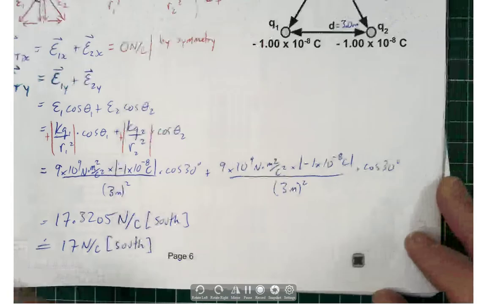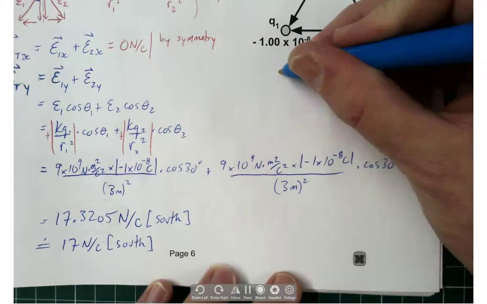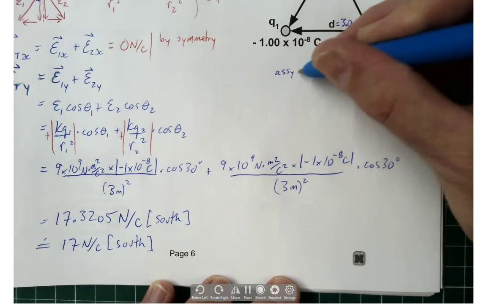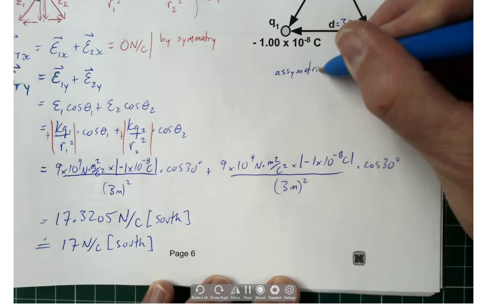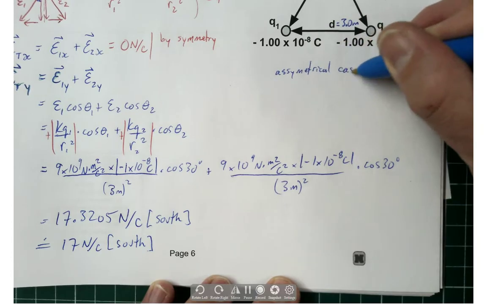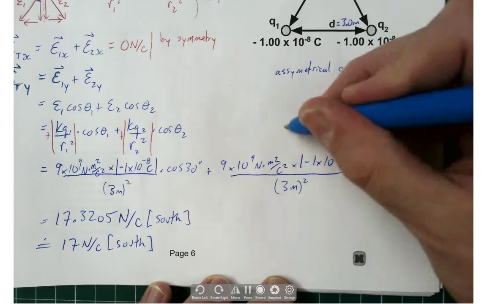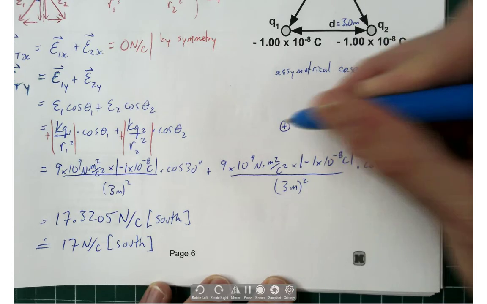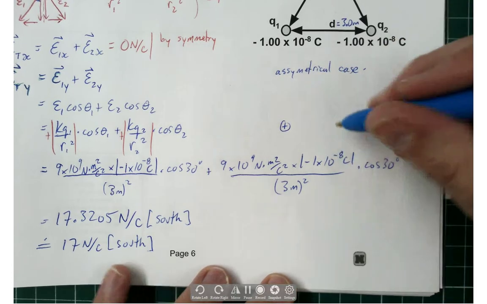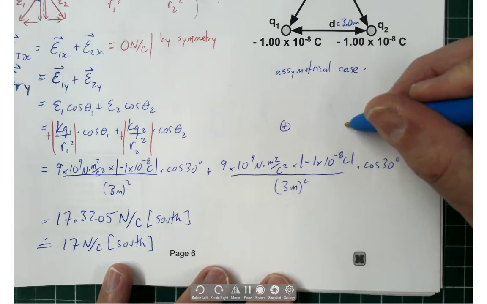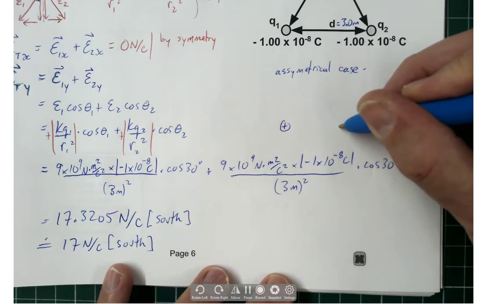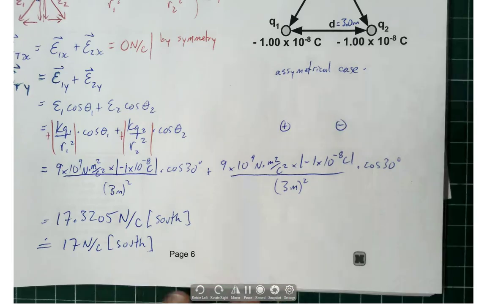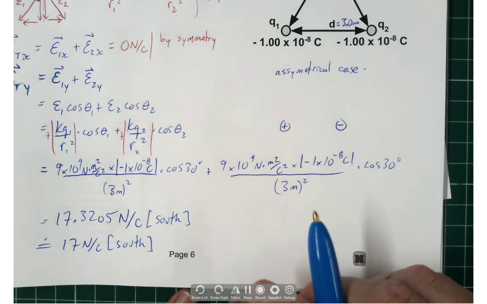Now, I want to acknowledge this idea of the asymmetrical case. In the asymmetrical case, you might have a positive charge here, and let's just say, why not, a negative charge here. So charge asymmetrical.